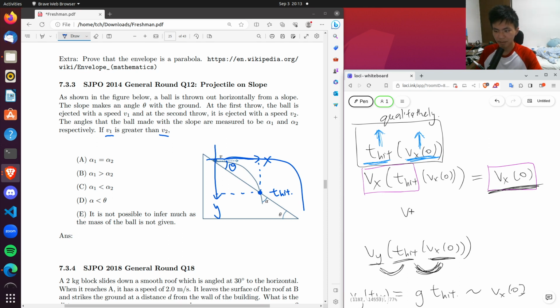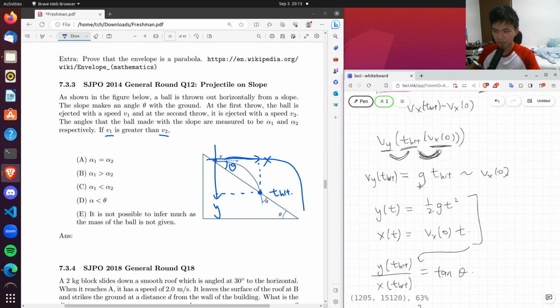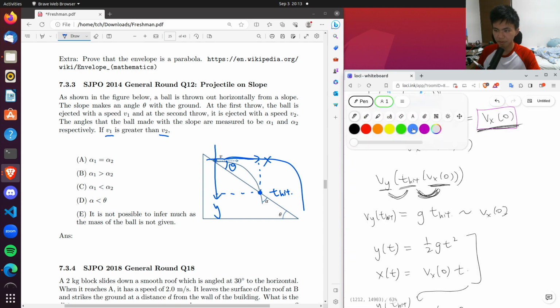So vx is proportional to vx naught. Right, vx at the hitting time is proportional to vx naught. And we also showed that vy as a function of time is proportional to vx naught.